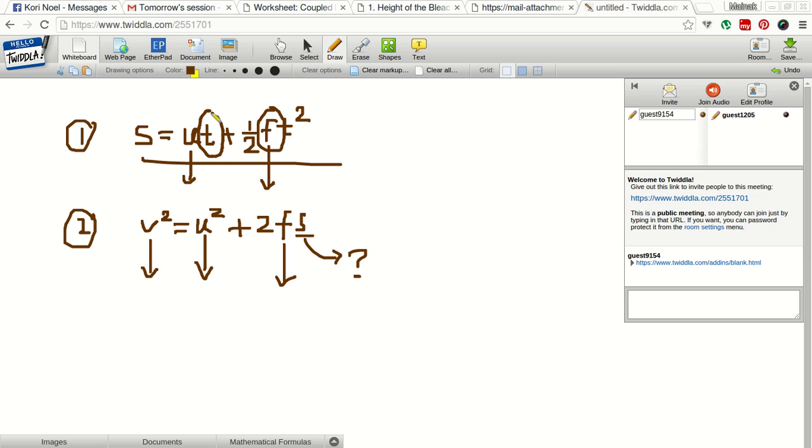We don't know the time. If we don't know the time, we can't solve this question. Then we have to do a lot of things to find time. We don't even try to look at this. This is not applicable here. What we'll do is we'll use the second one.